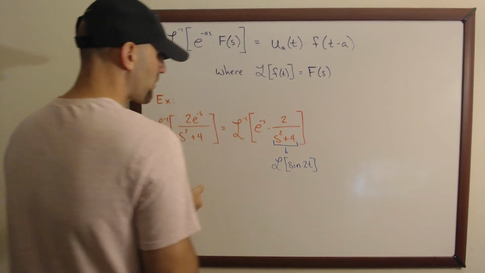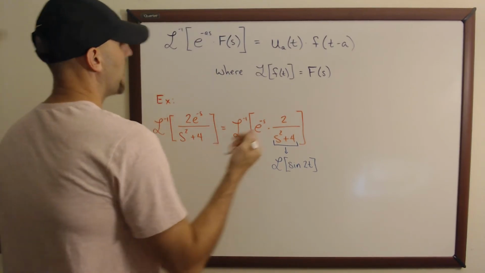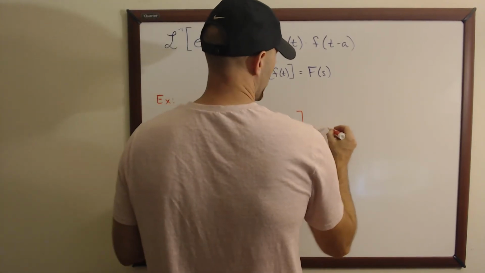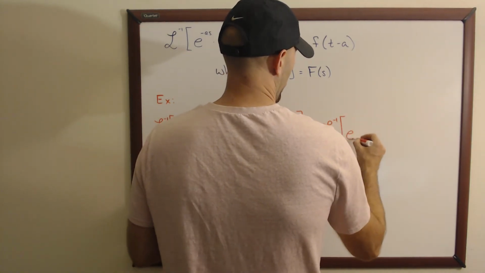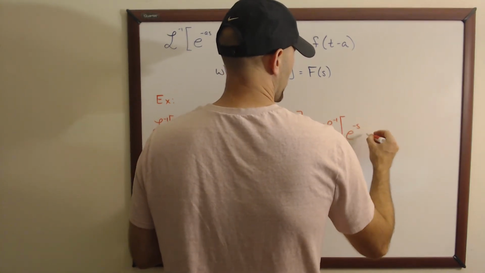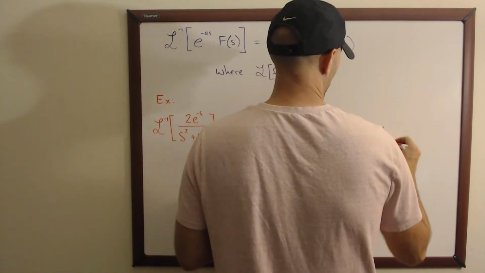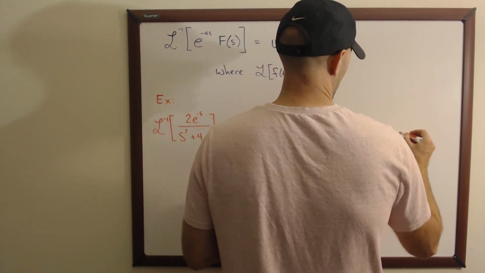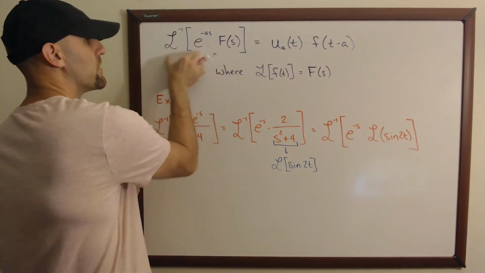So if I rewrite this according to exactly my formula here, this is the inverse Laplace transform of e to the negative s times the Laplace transform of sine of 2t, right? So now this matches the formula exactly.